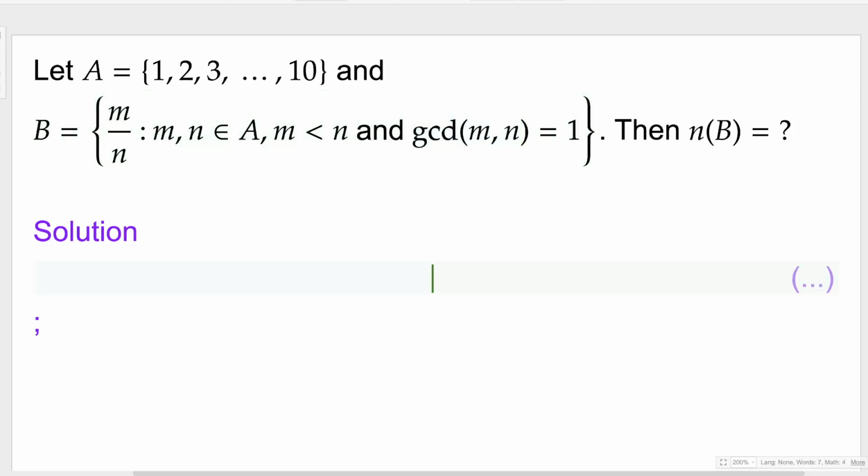Based on this constraint, we need to list all the elements one by one, and then count the number of elements in B. For this, I'll take a tabular structure.